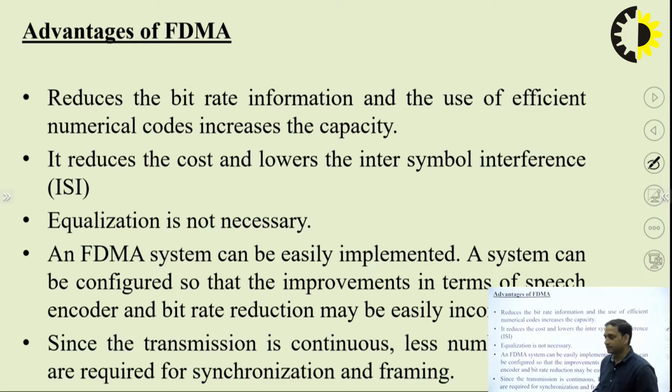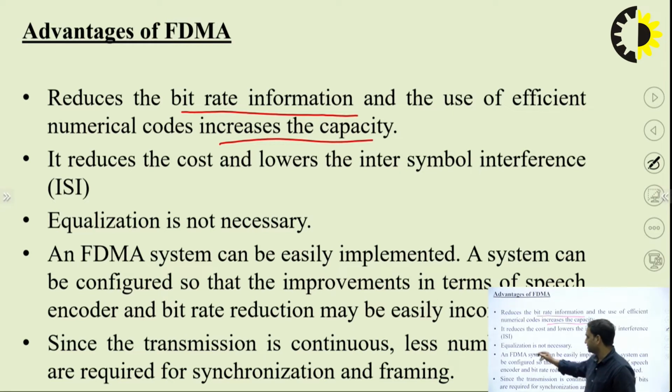The advantages of the FDMA system: first, it reduces the bit rate information, and then the use of efficient codes increases the capacity as well, right? A very important point is that it reduces the ISI, inter-symbol interference, and the cost of the system is reduced.